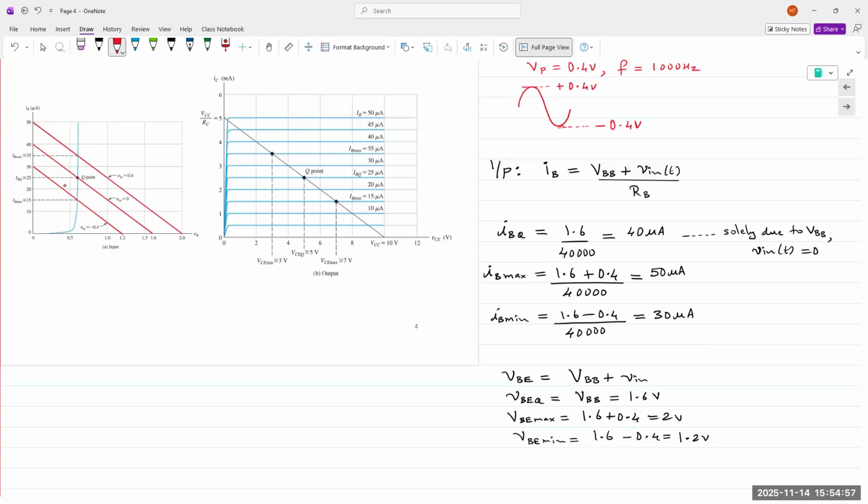The middle one is solely due to VBB. The other 2 are due to VBB plus Vin and minus Vin, positive peak and negative peak.